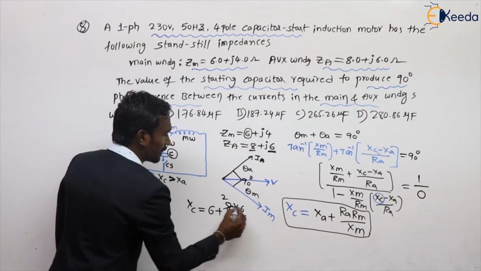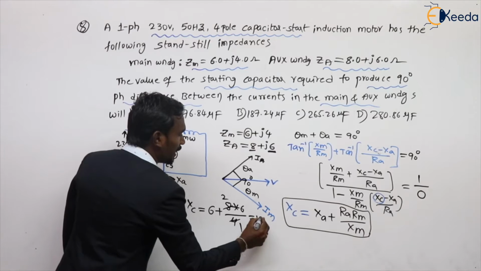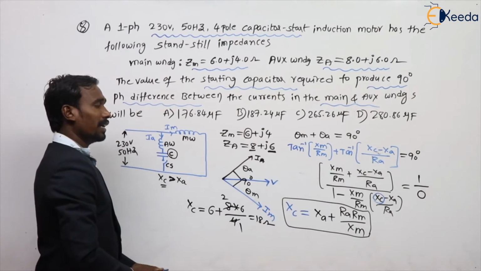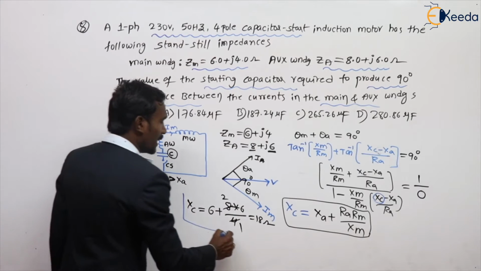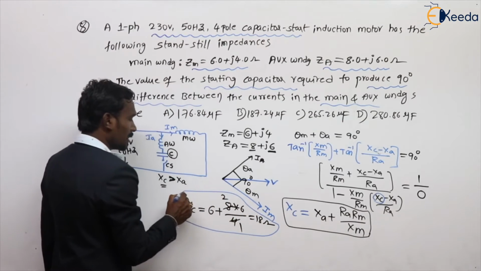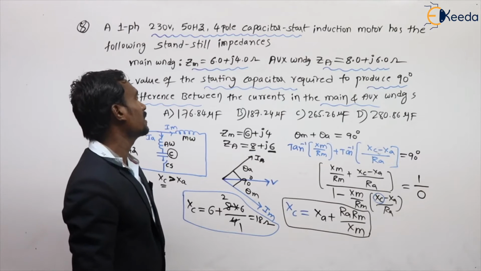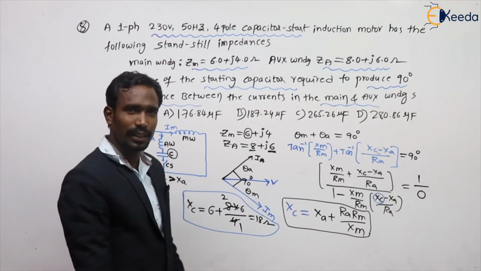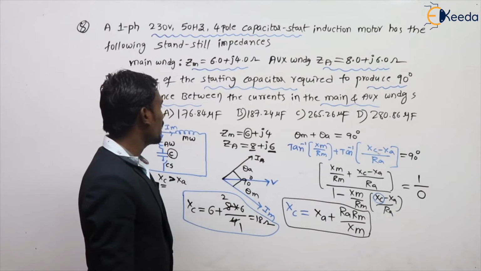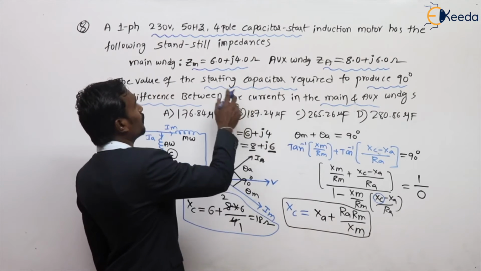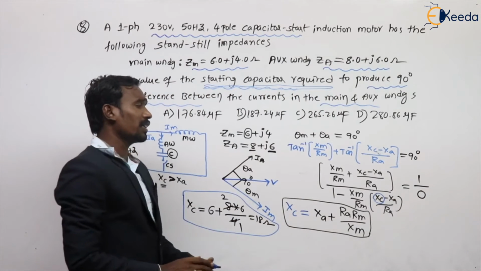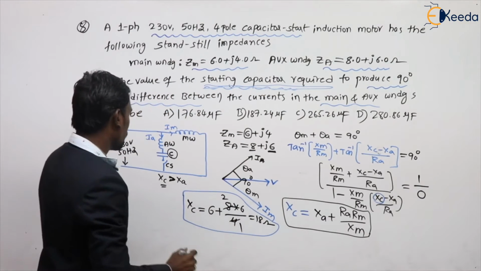So the answer is 6 plus 12, which is 18 ohms. Be careful. This 18 ohms is the capacitive reactance we require here. But according to the question, what we want is the capacitor required. How much capacitor is required?